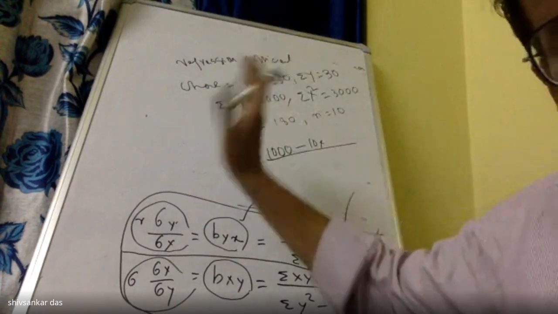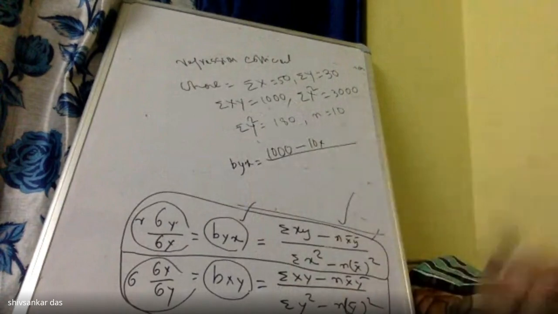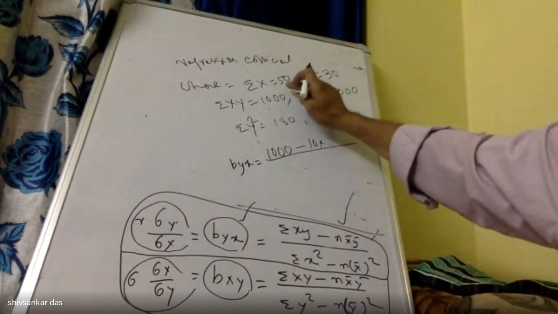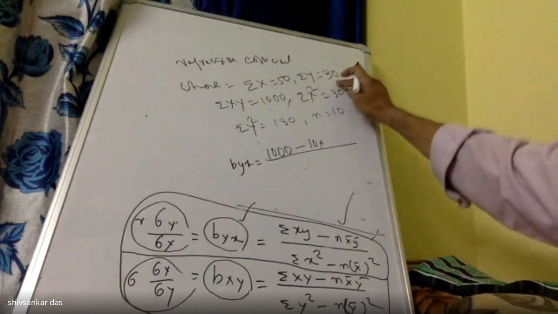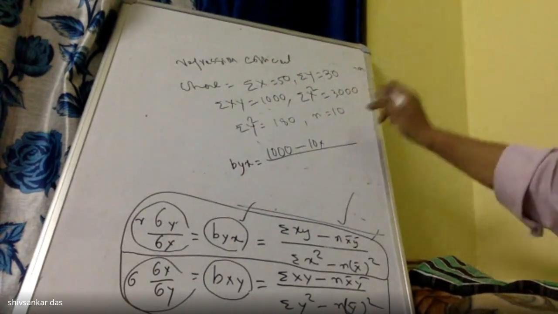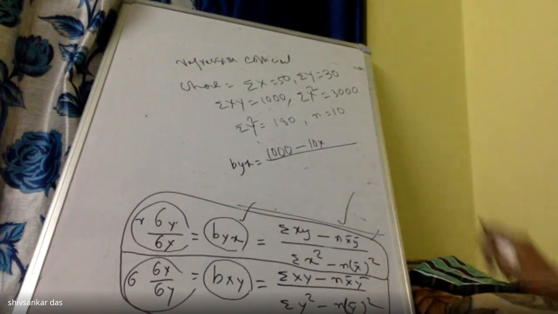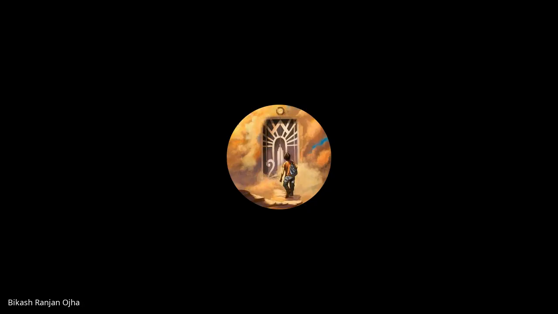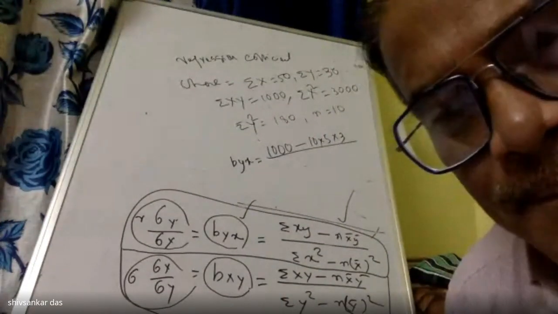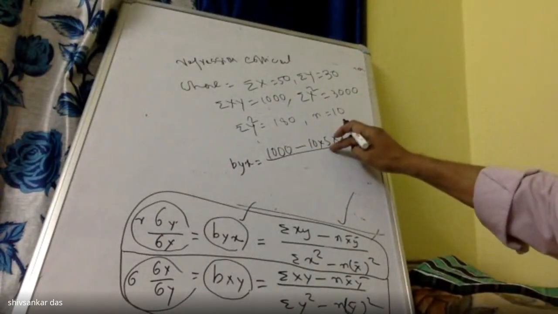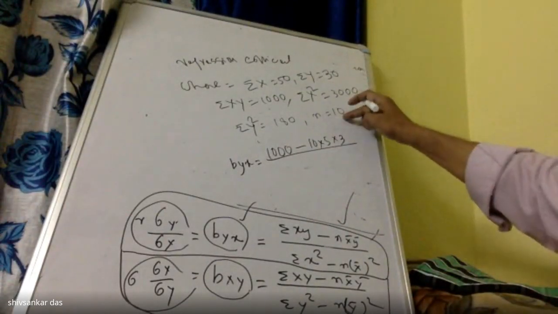He has not given x bar and y bar. How can we calculate x bar and y bar? We know the summation of x, we know the summation of y, and we know the number. So who can say what is x bar? 50 divided by 10 is 5, and 30 divided by 10 is 3.